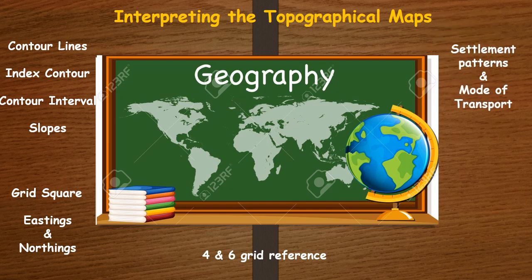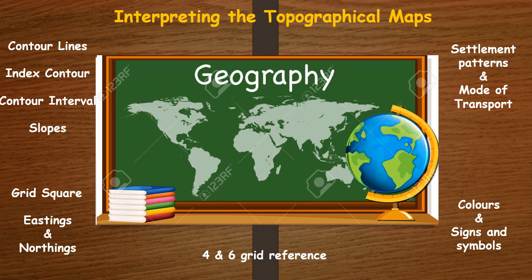Then we discussed the different kinds of settlement patterns, that is nucleated, linear and dispersed, and even the mode of transport of that region, either urban area or rural area. And yes, the important aspect of the whole topographical map is colors, signs and symbols.